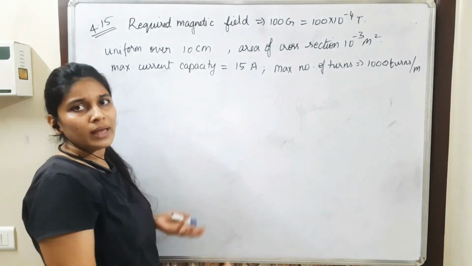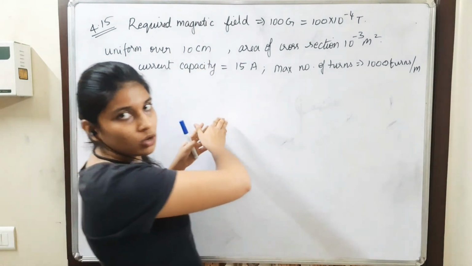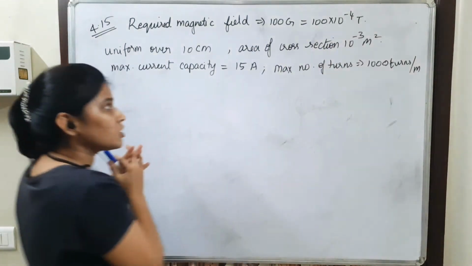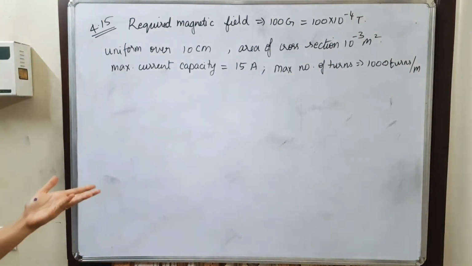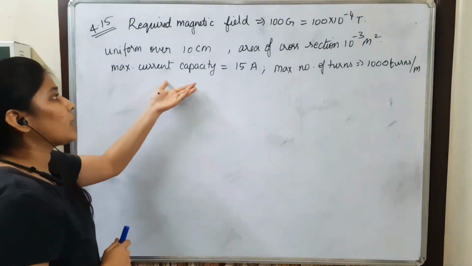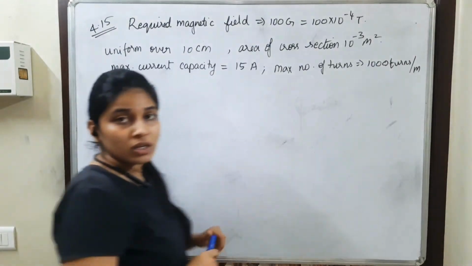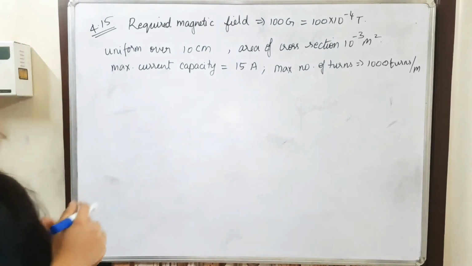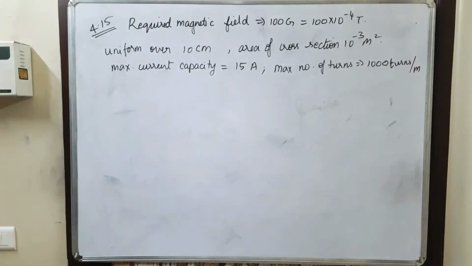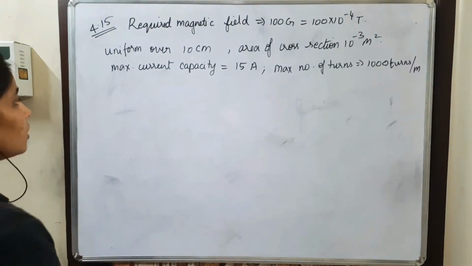If it is more, well and good, but at least it should be uniform over this length and this area of cross section. The coil that we are using has a current capacity of 15 ampere, and the maximum number of turns allowed is 100 turns per meter. So they're asking us to design a particular solenoid.